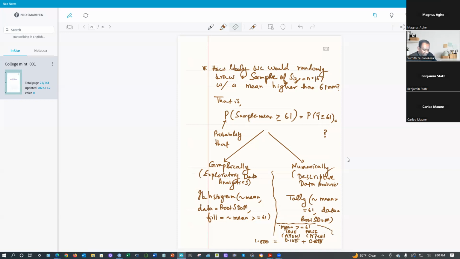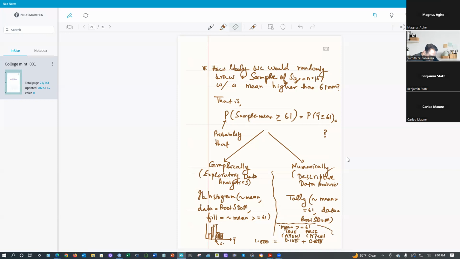But how does it look on the graph? Let me draw it; it will show that clearly. See this part. Let's say this one is 61, more than 61.